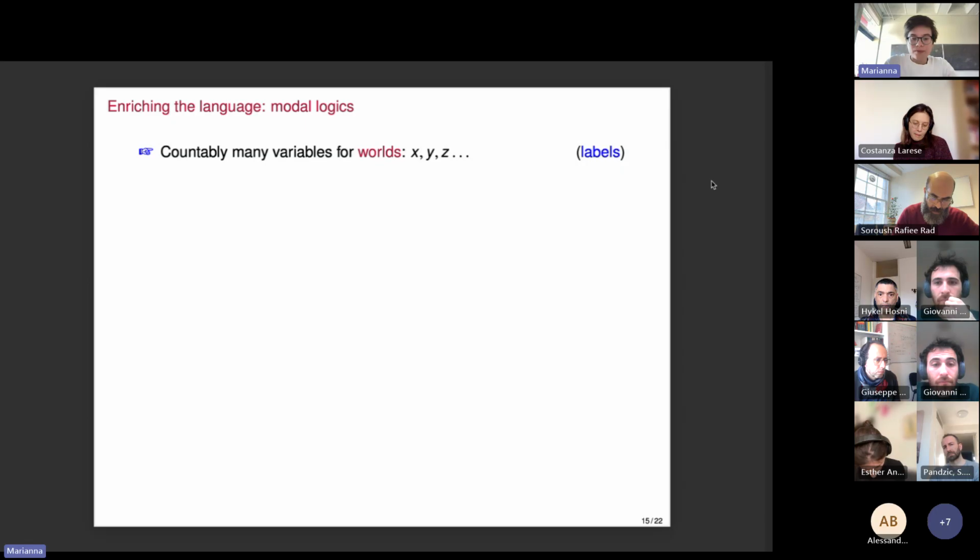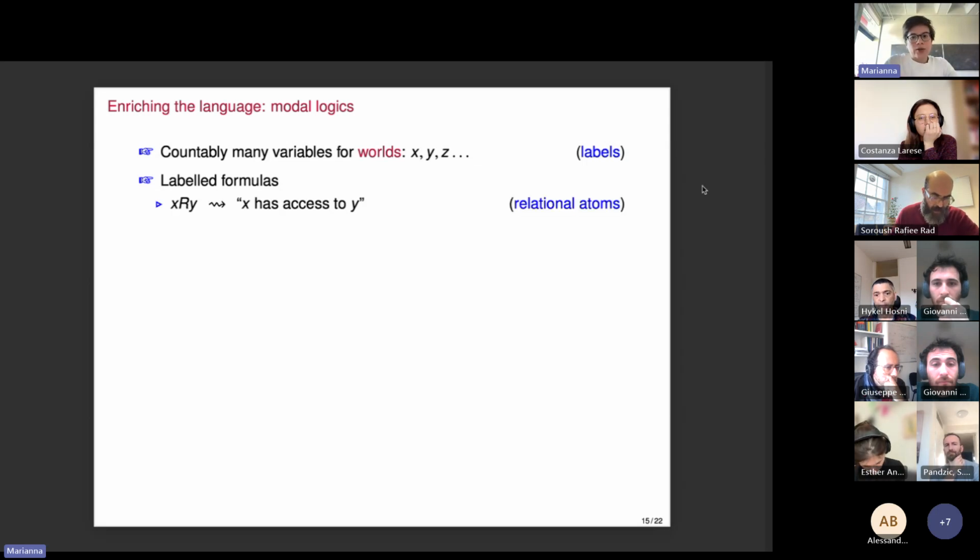So we fix our variables for worlds, and then instead of operating on formulas, our labeled calculus is going to operate on labeled formulas. Labeled formulas are of two kinds. You have relational atoms, x R y, which intuitively means x has access to y.